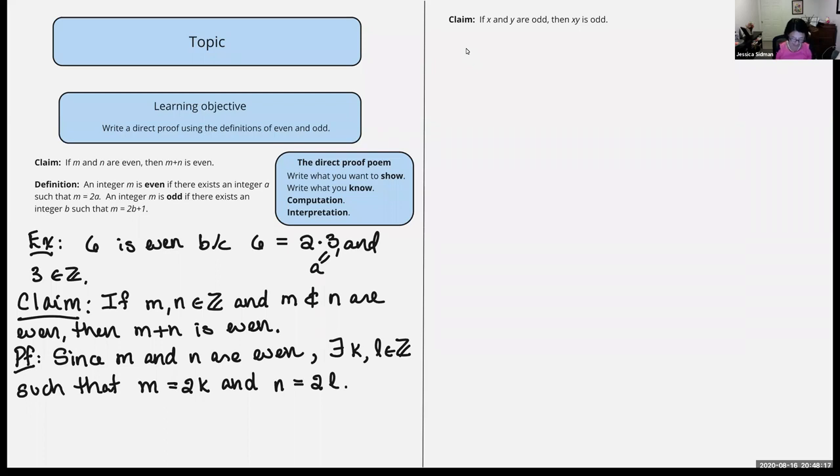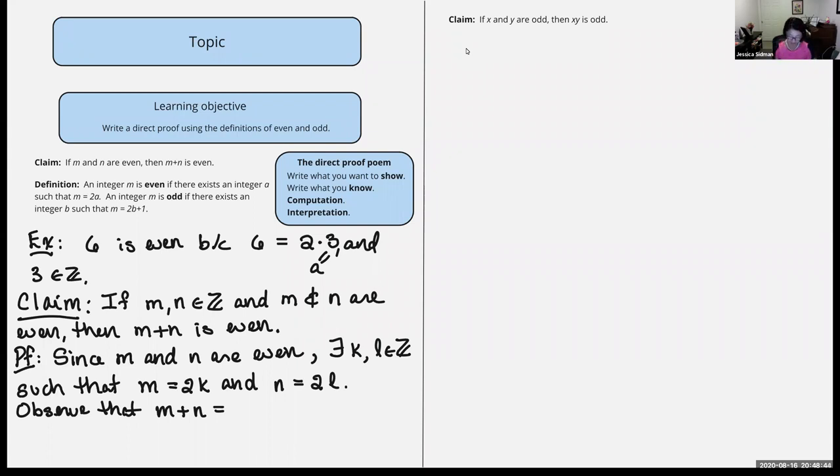So I'll say observe that. Well, what do I want to know? My conclusion is about the quantity M plus N. So I'll say, well, observe that the quantity M plus N that I'm trying to conclude something about can be rewritten using those 2 equations in the line above.